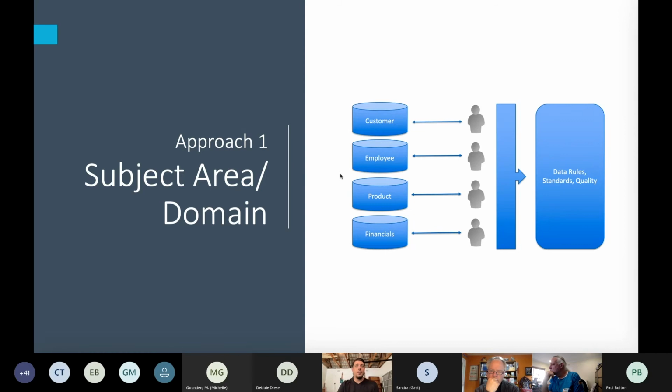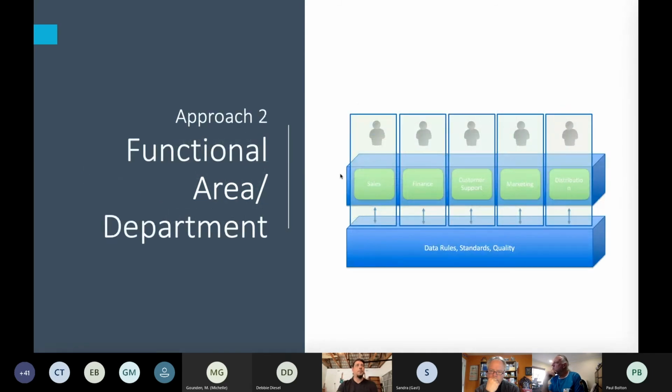So the first one is domain based. The second one is functional area or department. You can implement MDM by looking at it through your departmental lens, sales department, finance department, and so on. That means you are tackling the master data concepts that are relevant to that department first.